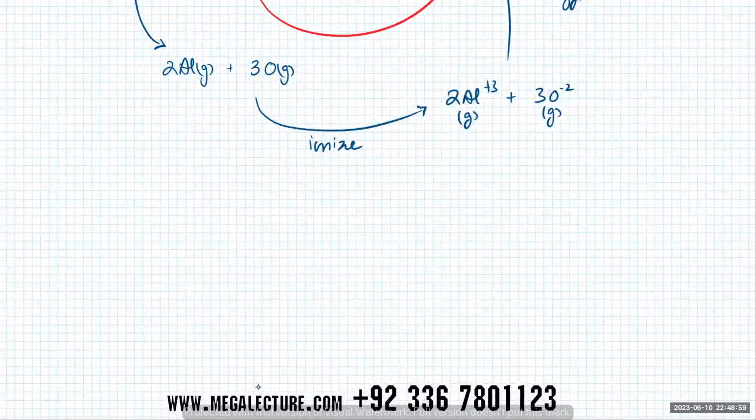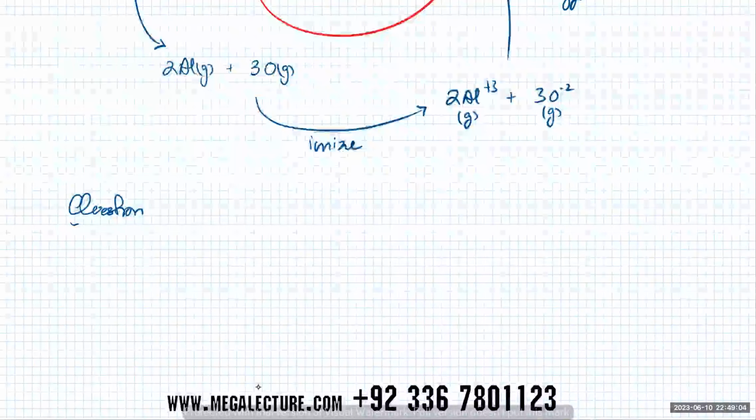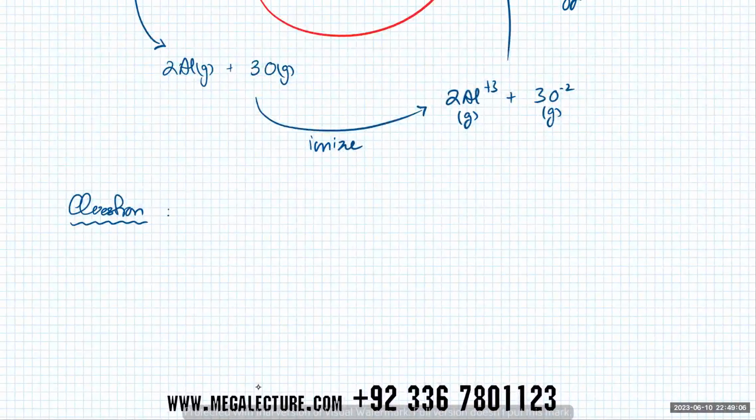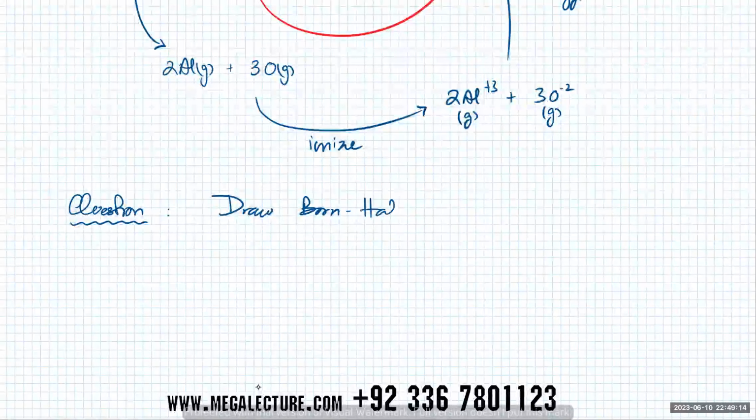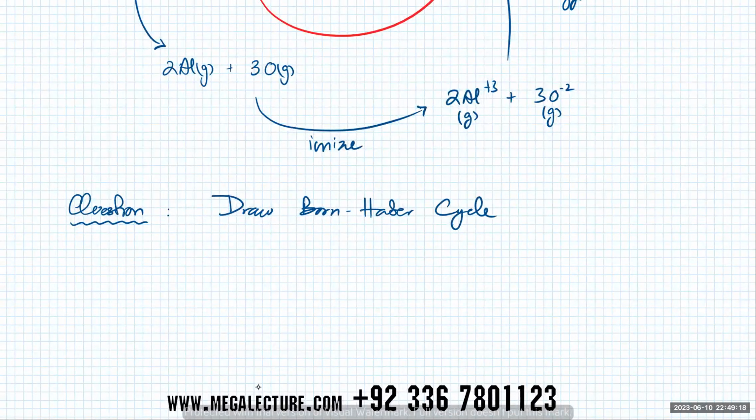So the question is, just draw the bond cycle. Number one, do it for MgO.